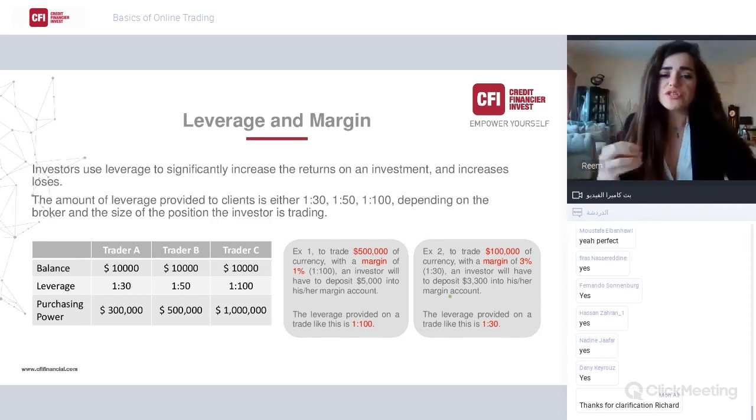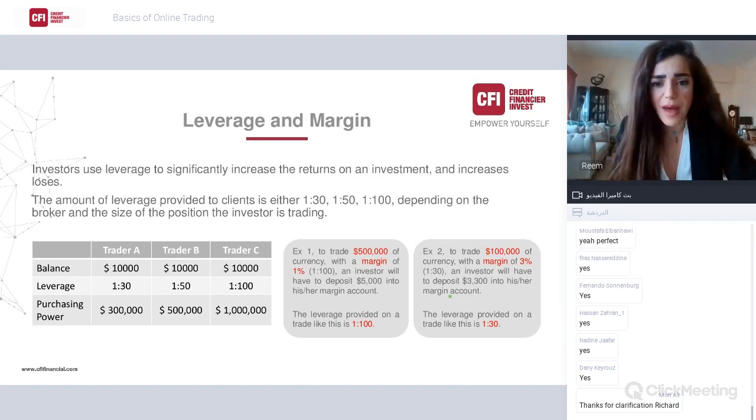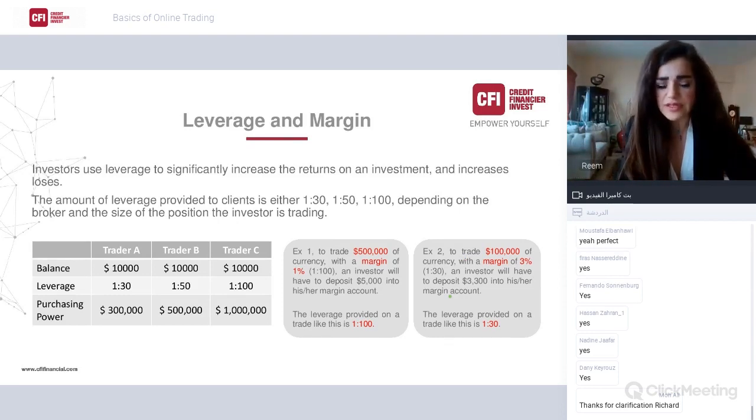So it's just purchasing power. I'm buying more. If I want to control one standard lot, that's $100,000. I don't have to have $100,000 in my bank account. What I need in my bank account to control this is written in Example 2, if you can see it in front of you. If I want to trade 100,000, let's say I decided to open a euro contract, euro against dollar, one standard lot, or 100,000 units, there comes a leverage of 1 to 30 that I decided to take from my brokerage.